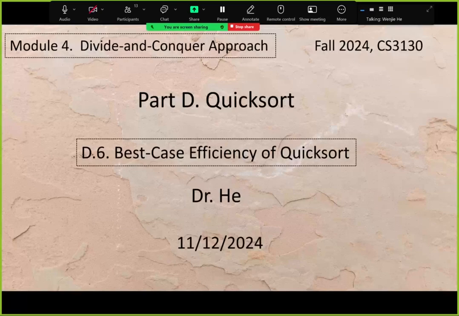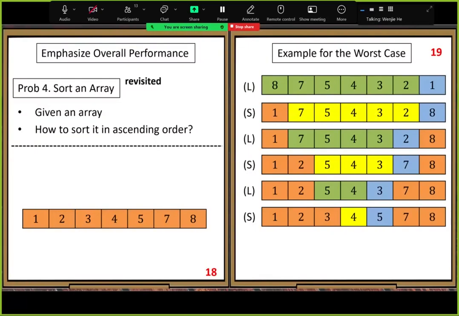Similarly, for ascending order, you also get the slowest. Here I'd like to point out, for data in ascending order, I'd like to compare insertion sort and quicksort. They're quite different.